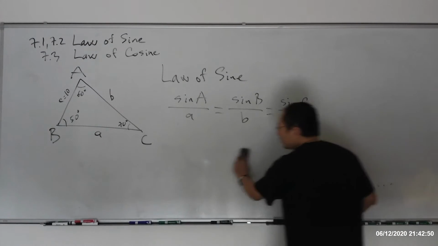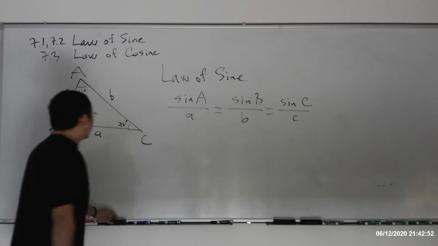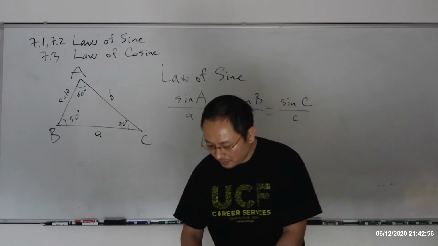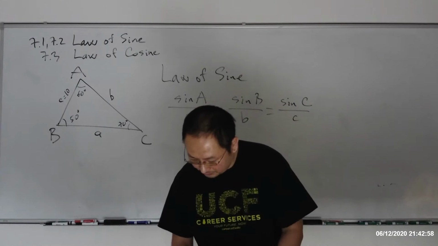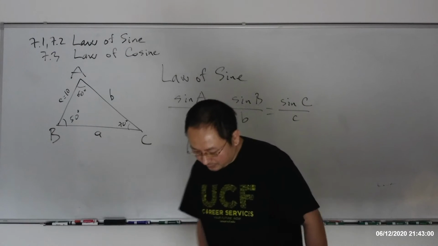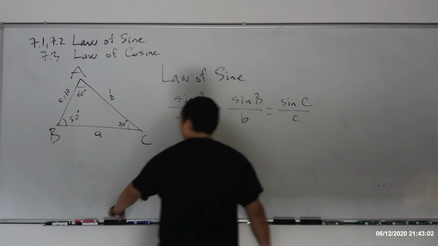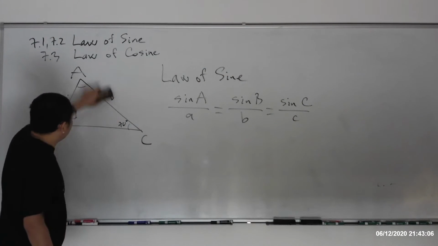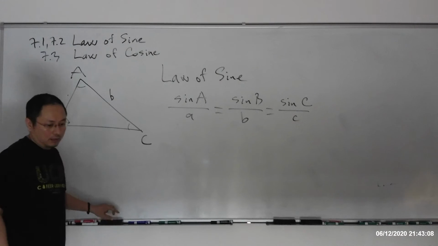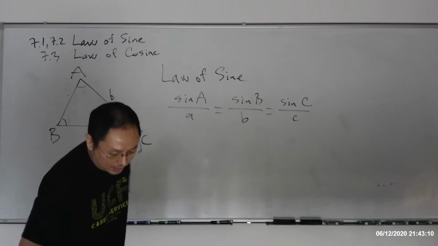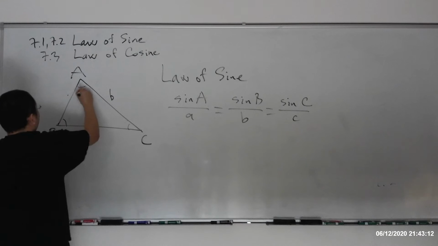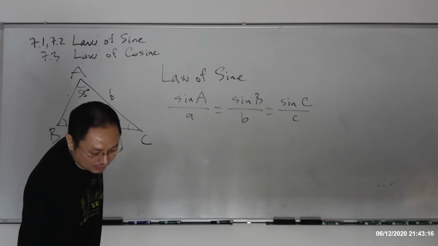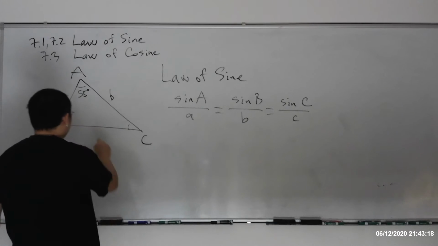Okay. So let me give you another example where you may have two solutions. And look in the book. Say, I give you another example. Angle A is equal to 55 degrees, and the side A is equal to 23.